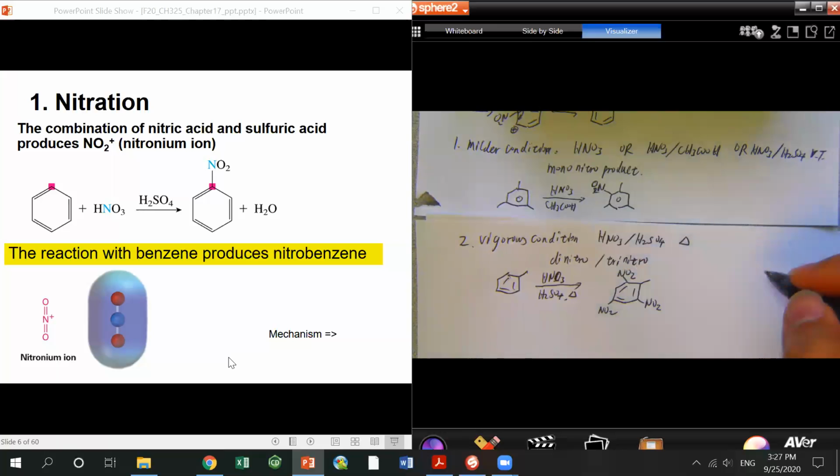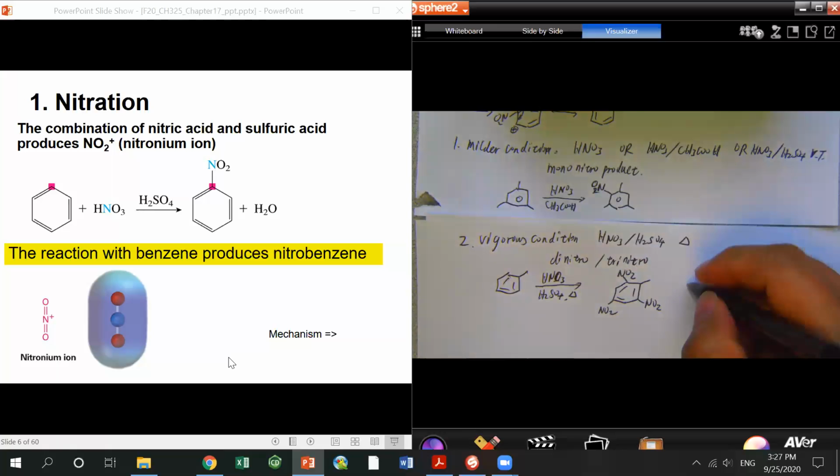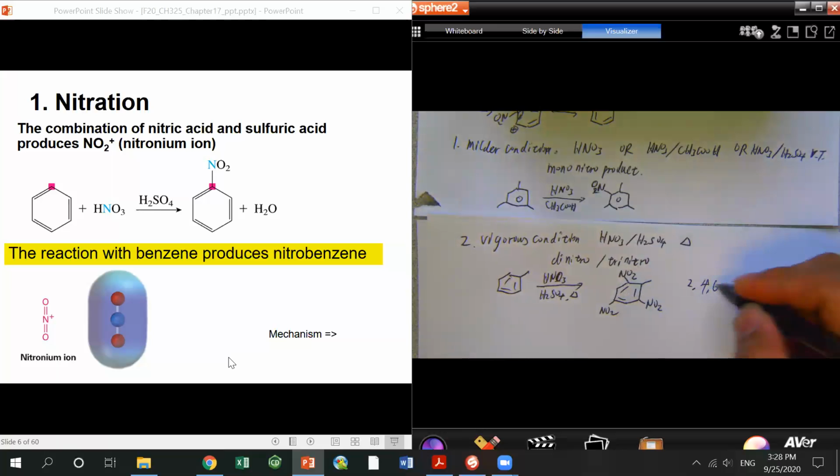Right. So this compound called 2,4,5, okay, 2,4,5,6, okay, 2,4,6, okay, trinitrotoluene, okay. It looks like a very strange name and it's an uncommon compound, but if I write down the abbreviation, you will know it.